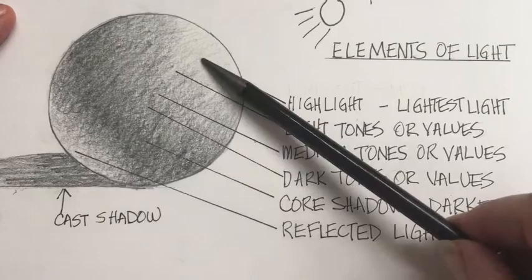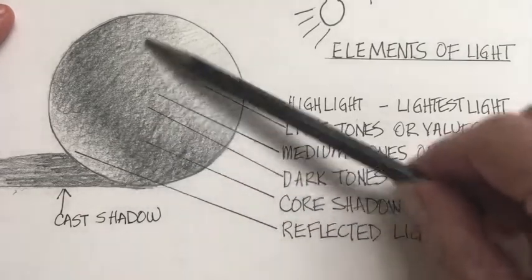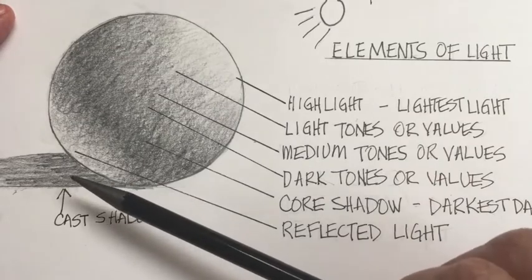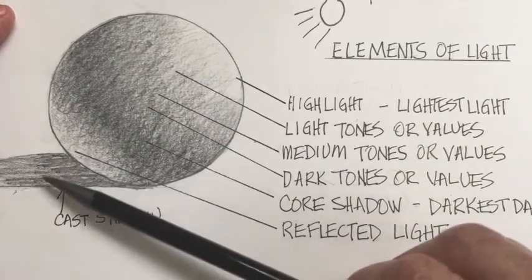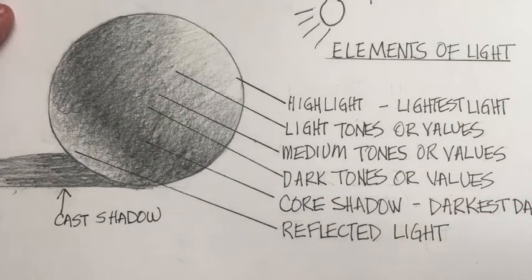It's not as light as the highlights, maybe as light as some of the light tones, but it's a bouncing light that bounces back onto the object. Sometimes you'll see it if somebody's wearing a light colored blouse. You'll see the light reflecting back onto their jawbone.